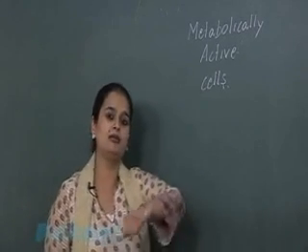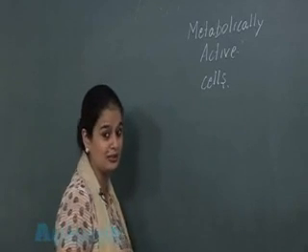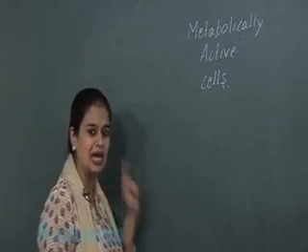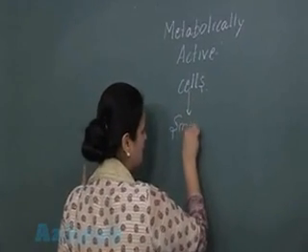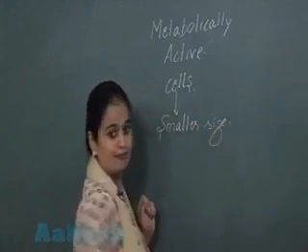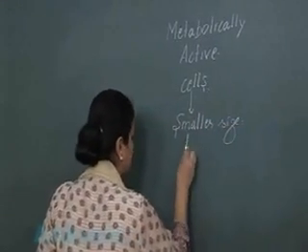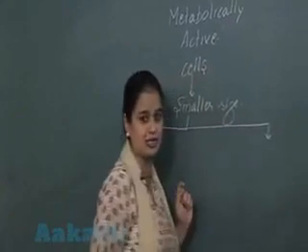All the chemical reactions together constitute the metabolism, and the metabolically active cells are generally smaller in size. Why are they generally smaller in size? This is due to two reasons.